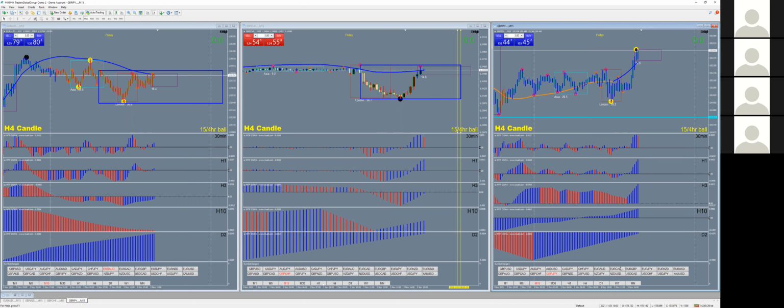Oh man, what's the other one? USD Swissy. USD CAD.